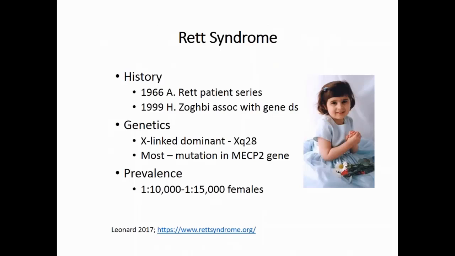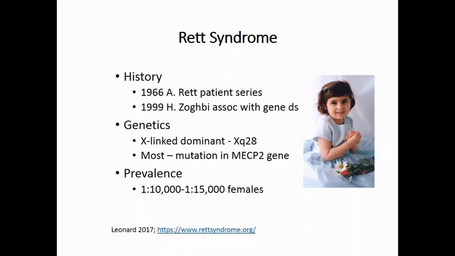Okay. So going on and ending with Rett syndrome, this was discovered and named after Dr. Andreas Rett, who first described a series of patients in 1966. This is in association with the MECP2 gene that was discovered in 1999.